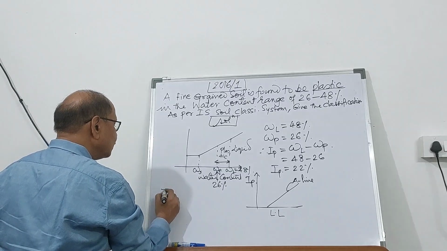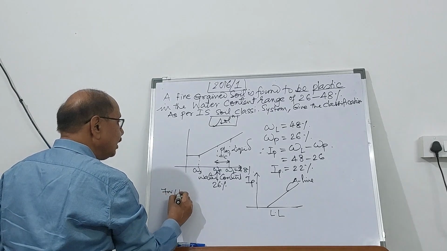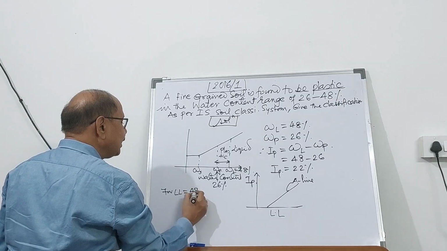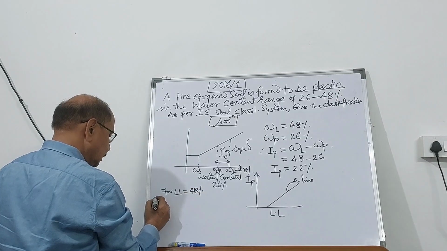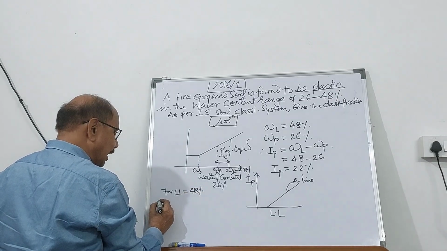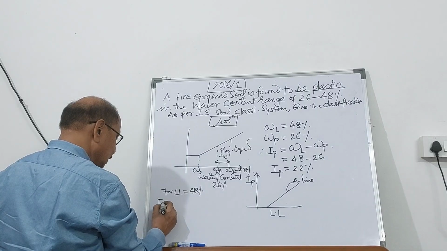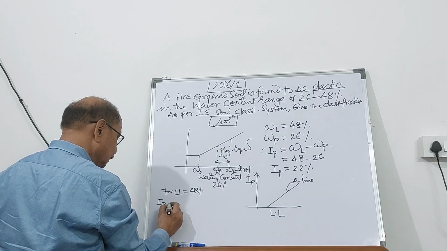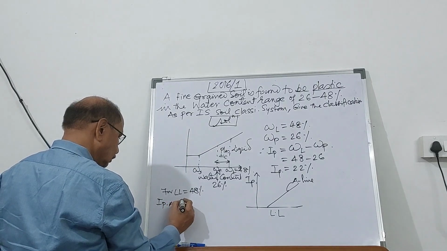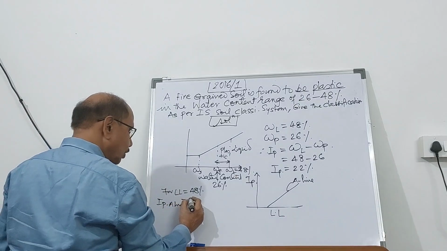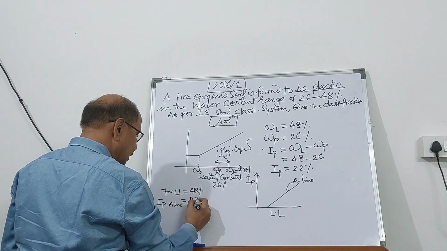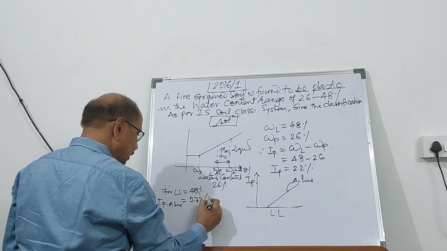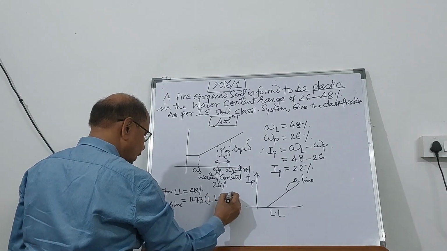So for liquid limit of 48%, the IP of A line can be calculated from the formula 0.73 LL minus 20.